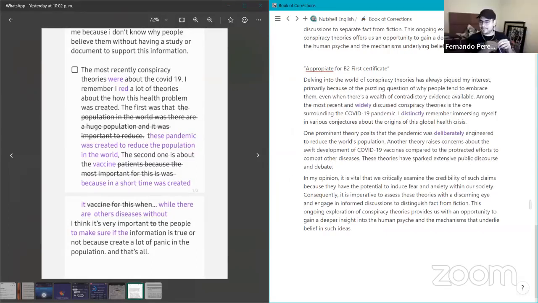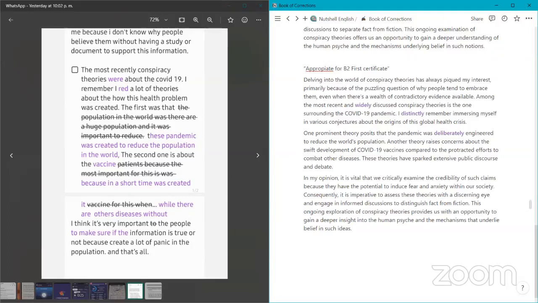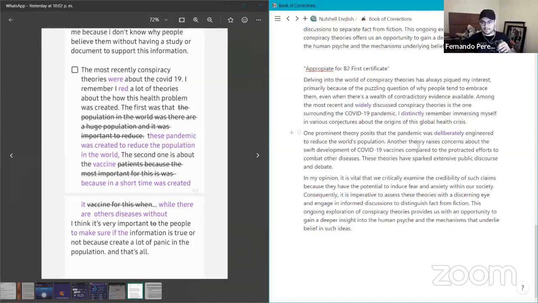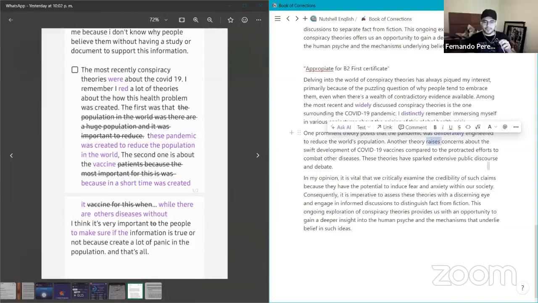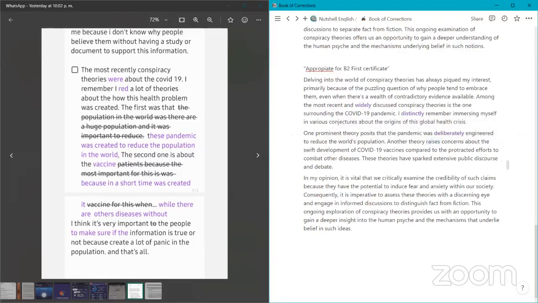Exactly. Another theory raised concerns about the swift development of COVID-19 vaccines. Raise: I raise, you raise, he, she, it raises. Exactly.